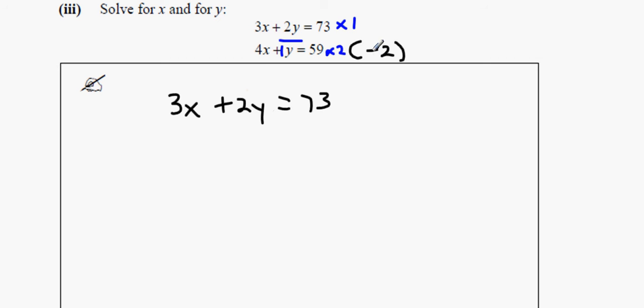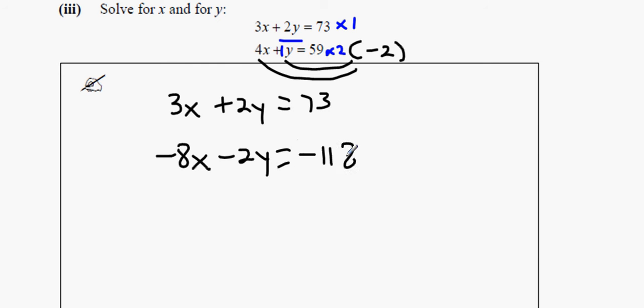Now multiply everything by minus 2. 4x by minus 2 is minus 8x. y by minus 2 gives you minus 2y. And 59 multiplied by minus 2 is minus 118.